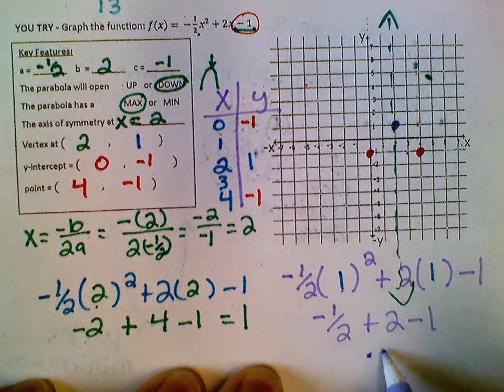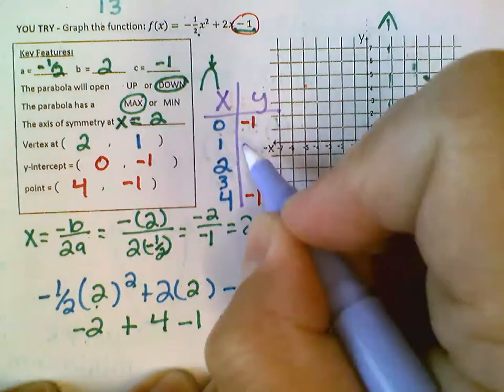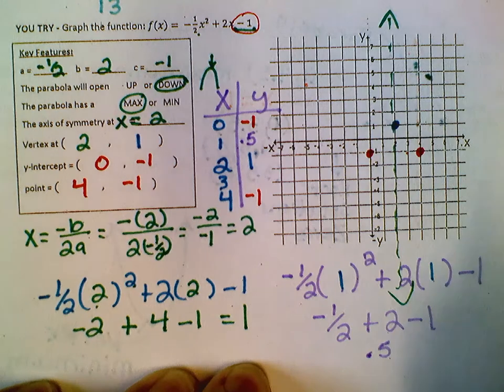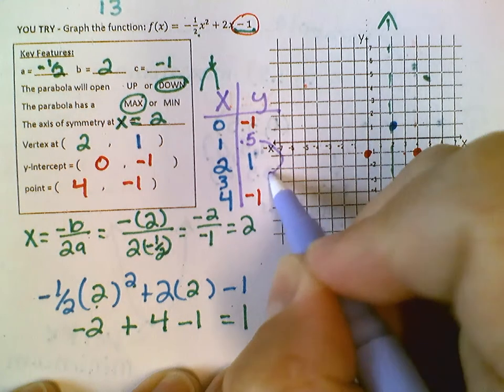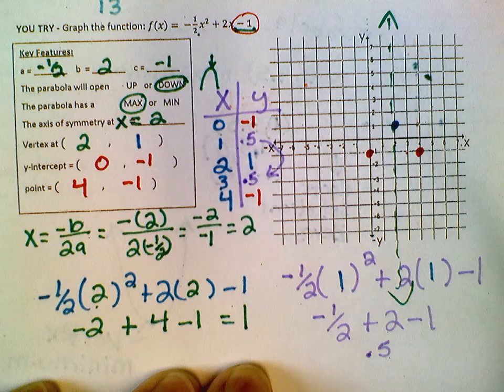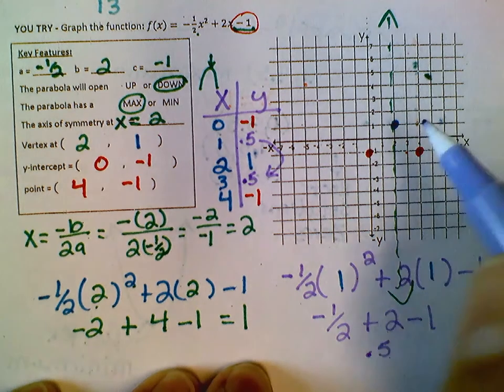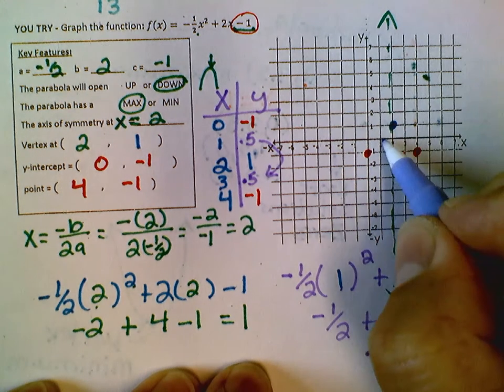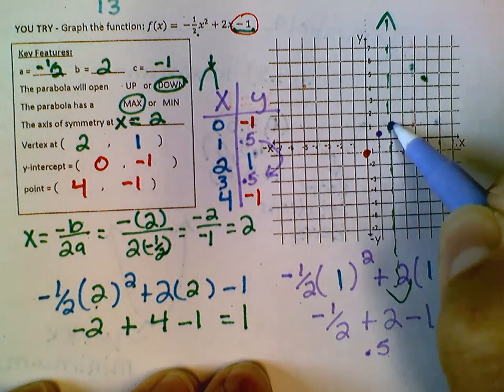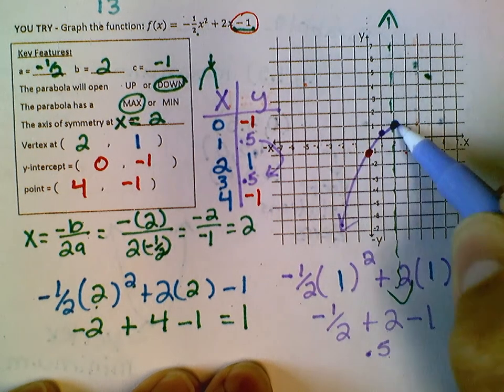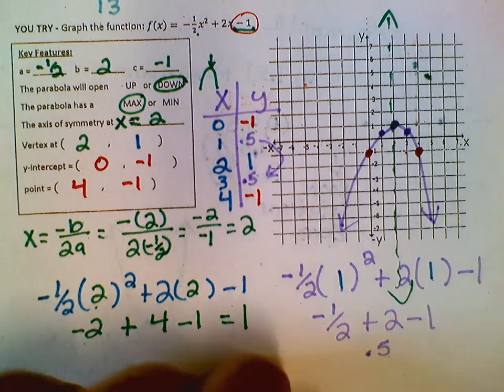Minus 1 is just a half. All right. And because of my symmetry, I get a half here also. So 1.5 is going to be about right here and about right here. And when I connect my points, I have a nice U shape there.